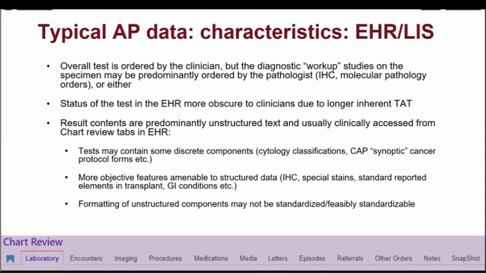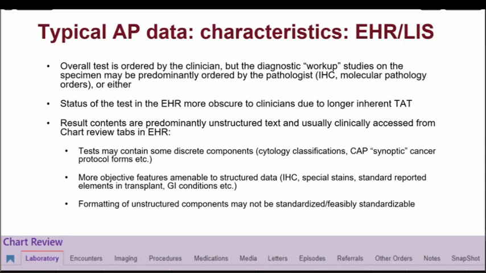However, there are many other more objective features that are commonly reported in AP tests, such as kidney transplant standardized elements, and for colon biopsies, et cetera, that would be amenable to containing in more structured data, but it's just not done today in most cases yet.